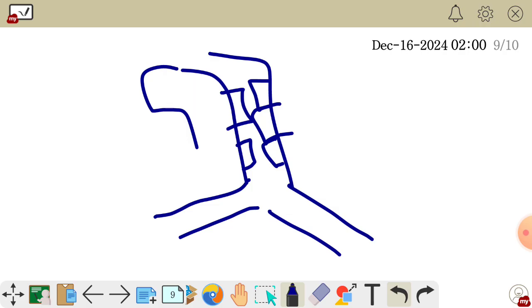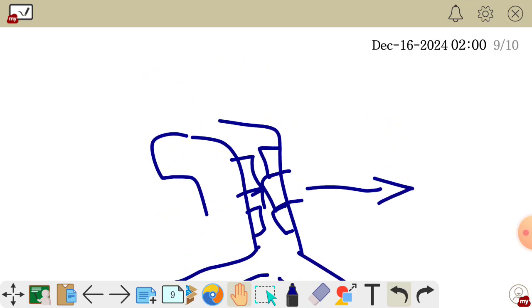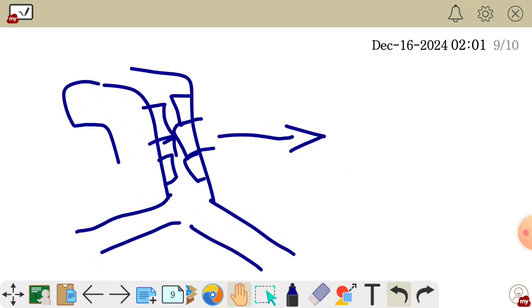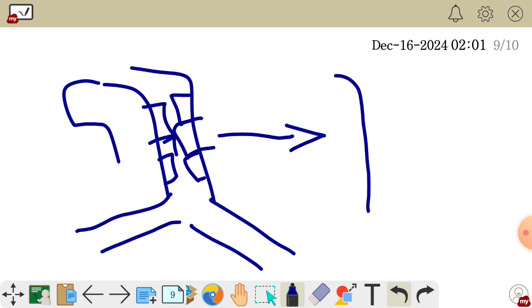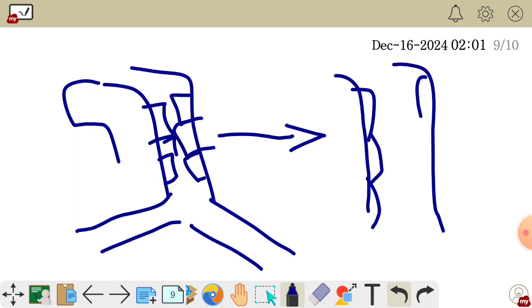But what will happen now is that these cells will become squamous instead of being columnar. That is in someone who smokes. In those people who smoke cigarettes, these cells, instead of being columnar, will become squamous. So they will become flat like this.